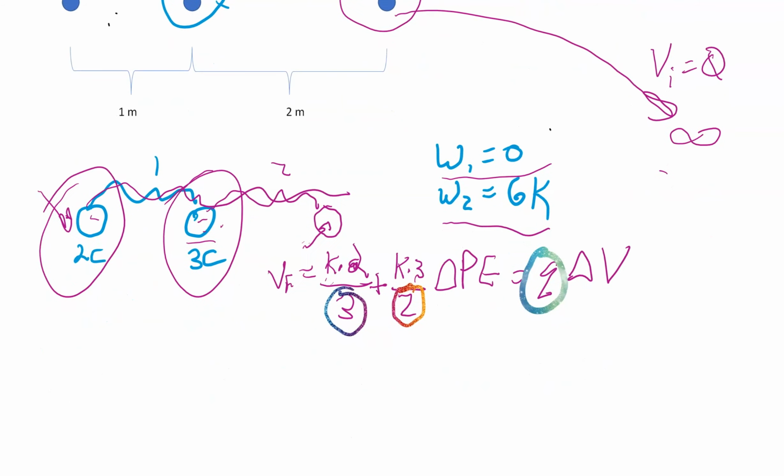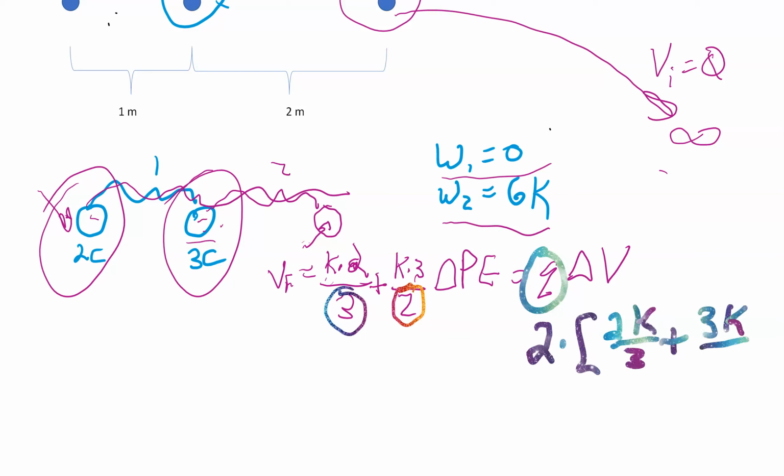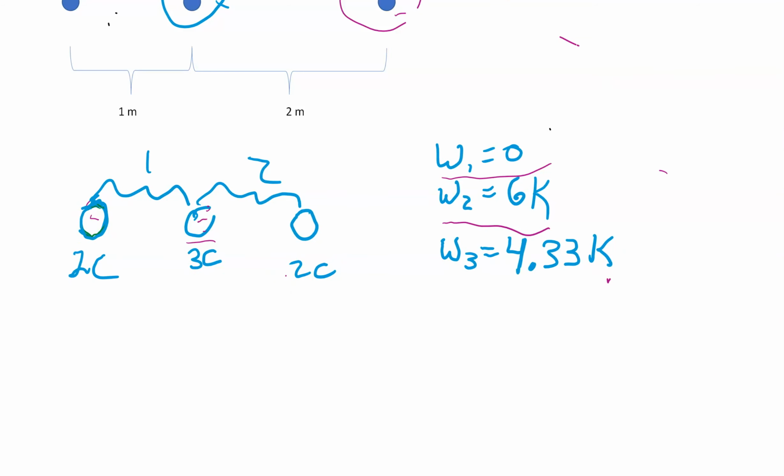So I take that 2 coulombs worth of charge and I say 2 times 2K over 3 plus 3K over 2. Okay, let me clean this up. Okay, so here I have condensed it all. It takes an additional 4.33K worth of energy in order to shove that charge in.